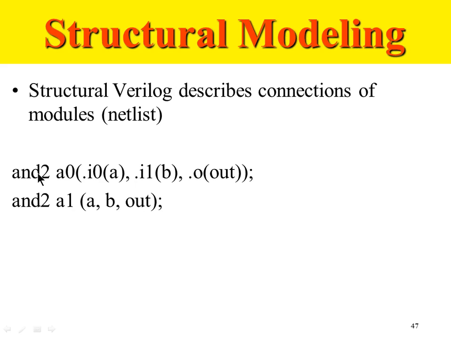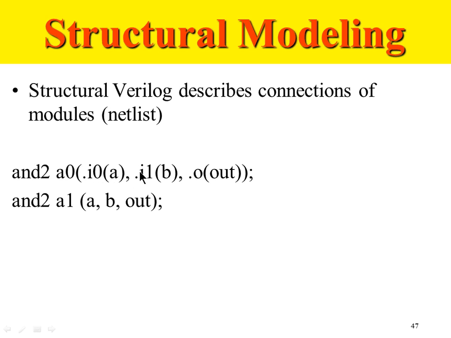And2 is the name of the module that we are instantiating. A0 is the label of this instance. Dot I0, dot I1, dot O are the actual ports of the AND2 gate. Bracket A, bracket B, and bracket out are local signals at the top level. This is called port mapping, or signal connections between the instance and the local design.